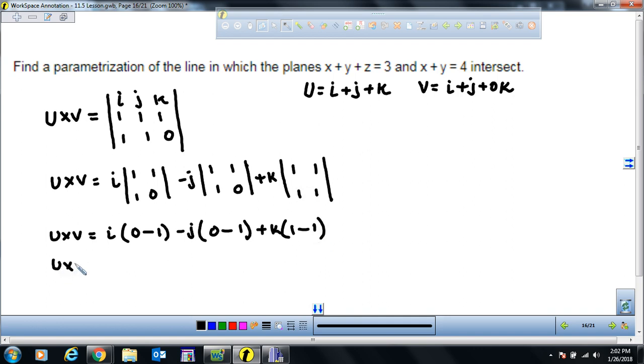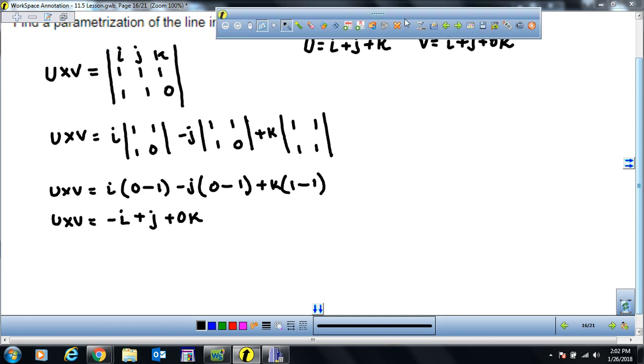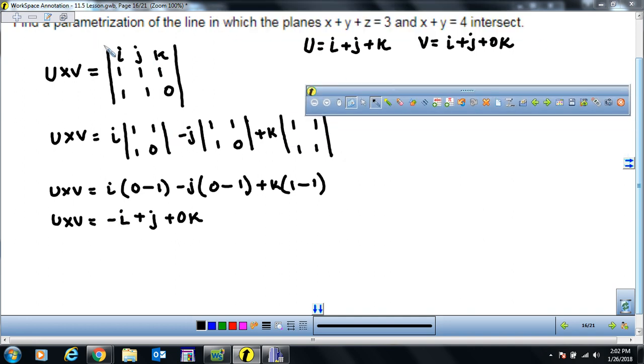So that cross product is going to give us negative 1i, or negative i. Then negative 1 times negative j is positive 1j, or positive j. And 1 minus 1 is 0, so that would be plus 0k. I can use these as the components of the line that will be on the plane. So that will be parallel to the plane, basically.